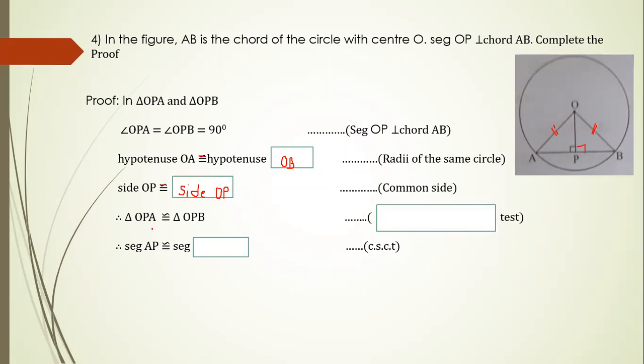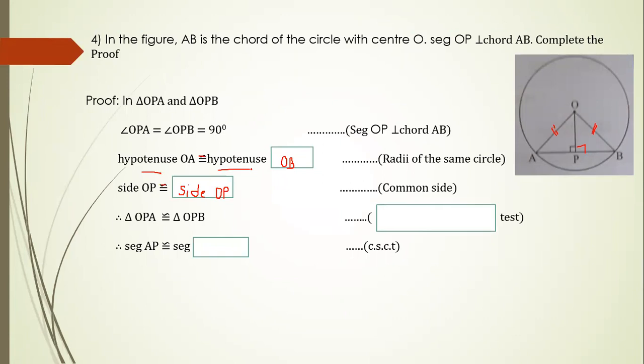Therefore, triangle OPA congruent to triangle OPB, test. So here we need to write the test by which these two triangles are congruent. So here you can see hypotenuse OA and hypotenuse OB both are equal.